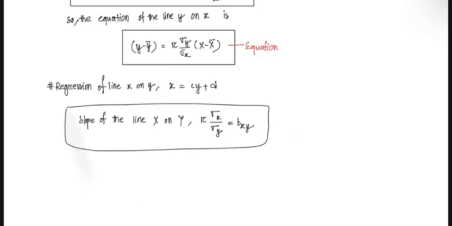It is read as slope of line x on y, b xy. Okay.